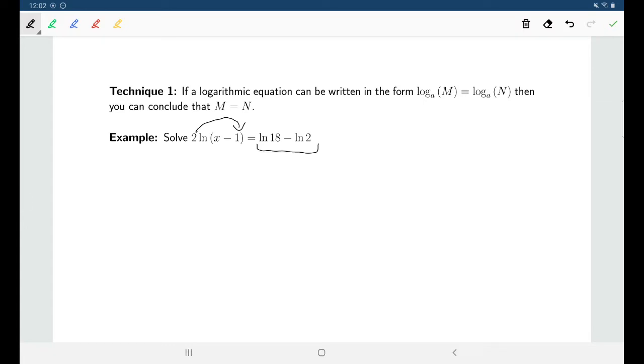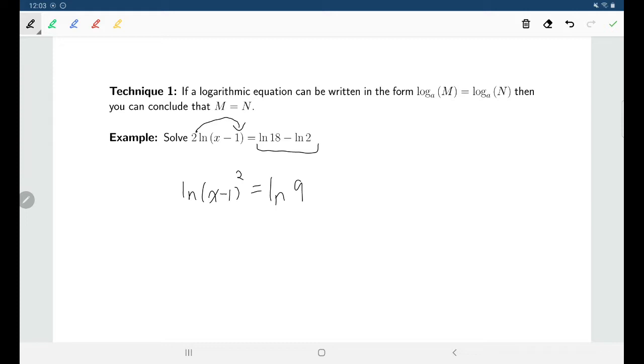So on the left side, natural log of x minus 1 times 2 becomes natural log of x minus 1 squared. And on the right side, natural log of 18 minus natural log of 2 becomes natural log of 18 divided by 2. And 18 divided by 2 is just 9.